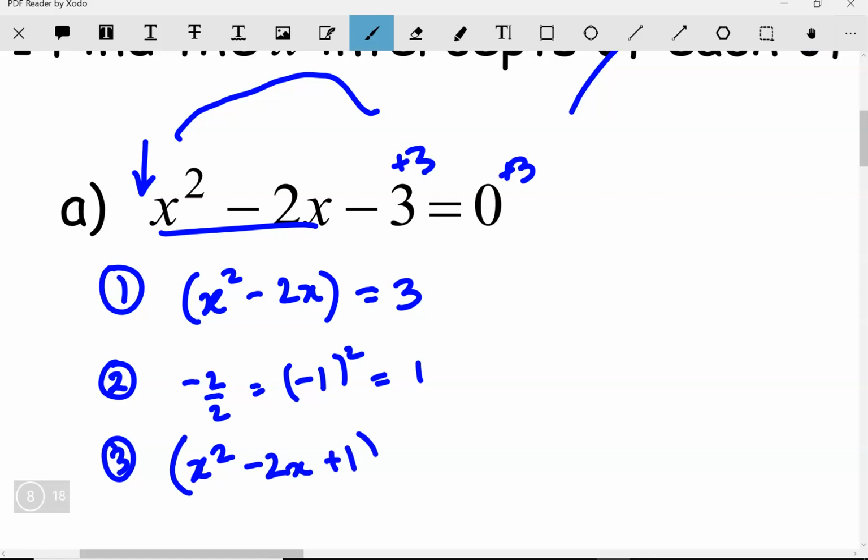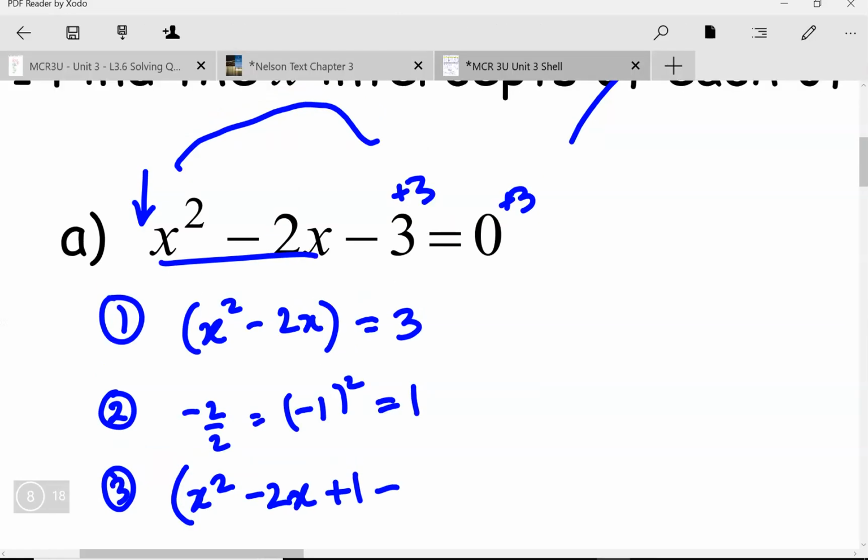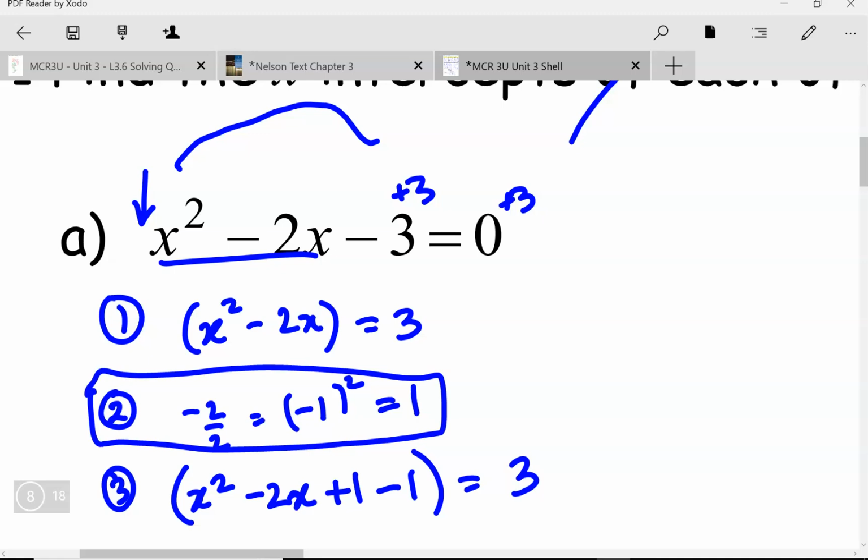That magic number is what I'm going to add and subtract inside the bracket. So +1, don't close the bracket just yet, +1 minus 1 equals 3. Again, don't forget that this second step is really a separate thing.